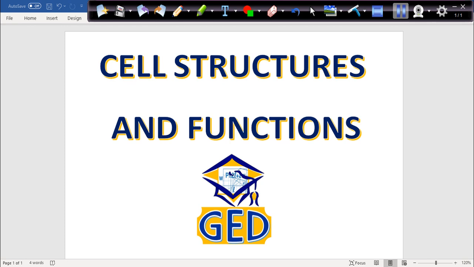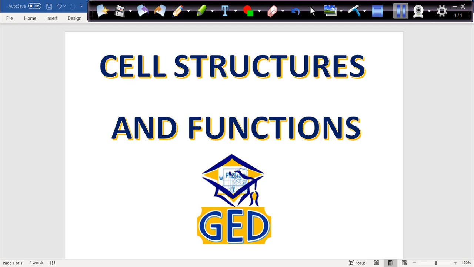All cells have a cell membrane, a structure that keeps the cell's contents separate from its external environment. The cell membrane is selectively permeable, which means that it allows certain substances such as water, nutrients, and waste to pass between the cell's interior and the surrounding environment.